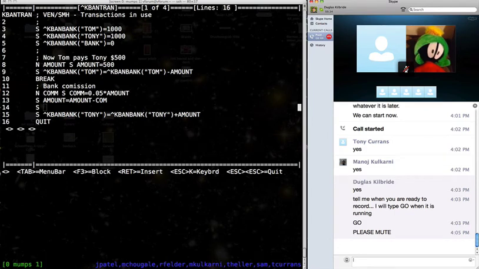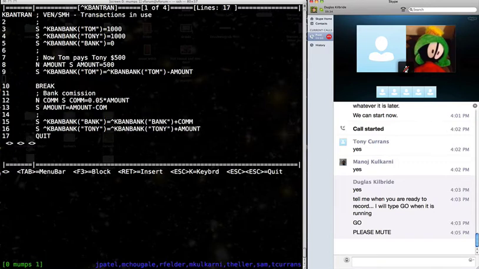We're going to give the bank the commission, and the rest of the amount goes to Tony. Plus there's a break here whose purpose I will illustrate right now.